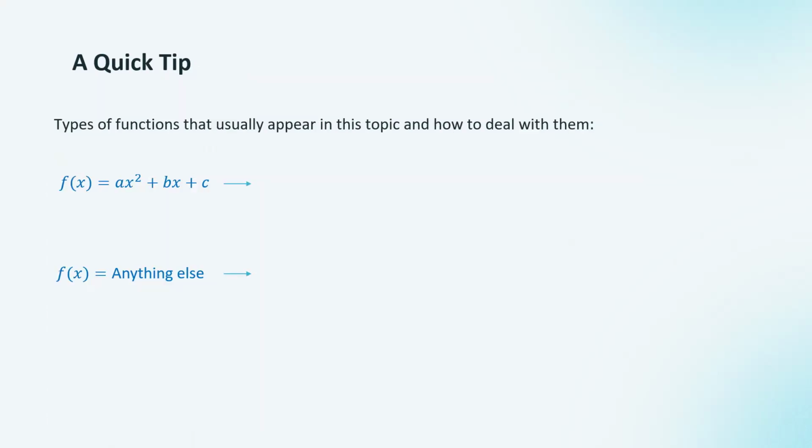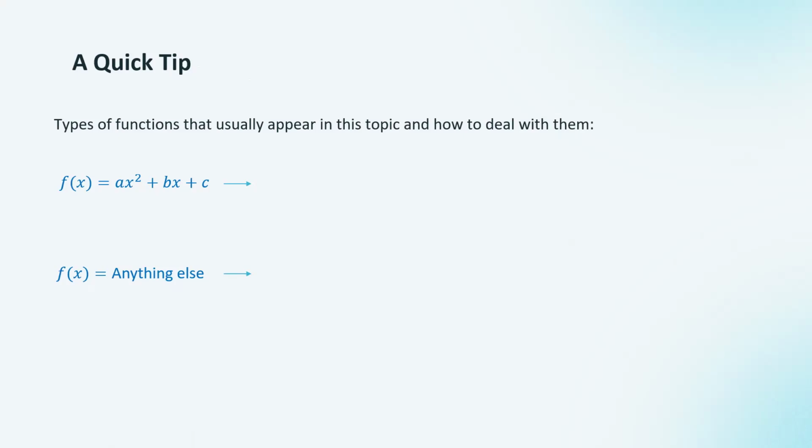From the examples that we saw before, we can categorize. There are two types of function. The first one is going to be a quadratic function, and the second one is the rest of them. It can be linear, a cubic function, or an exponential. It's categorized in the second category, which is anything else aside from a quadratic function. So how do we deal with these two categories of function?